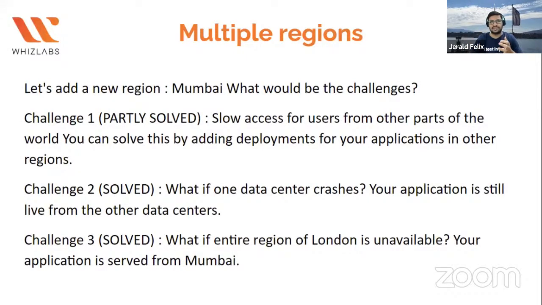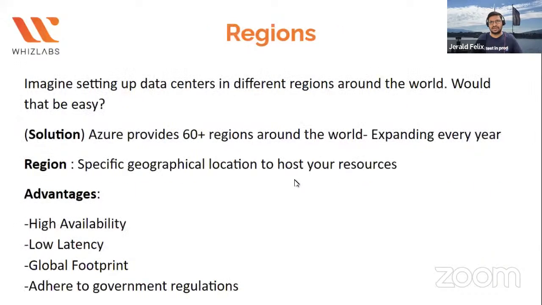So from this multiple region concept, the first challenge, slow access for users from other parts of the world, is solved, or at least partially solved. The second challenge is, if one data center crashes, your application is still live from other data centers. And the third challenge is, what if the entire London is unavailable? Even if London is completely unavailable, your application is served from Mumbai. So these are the most important concepts of regions.